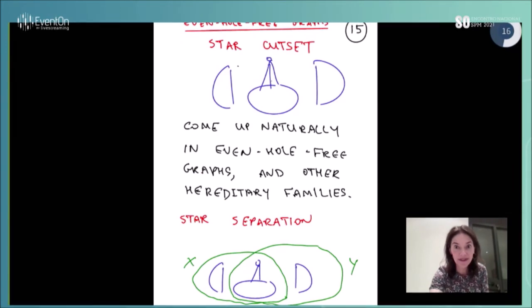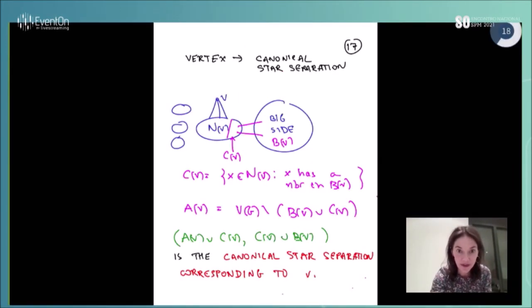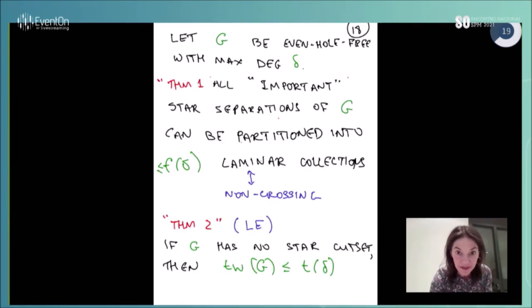But what happens is, and let me not tell you all the details, you get theorems like this. Let's think about graphs with no induced even cycle and with max degree delta. You can prove that all important star separations can be partitioned into boundedly many non-crossing collections.